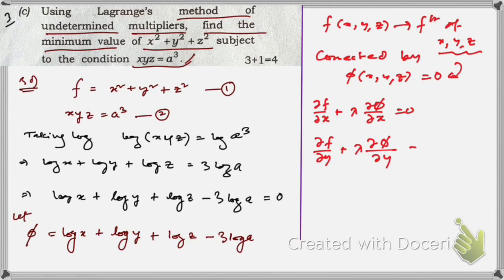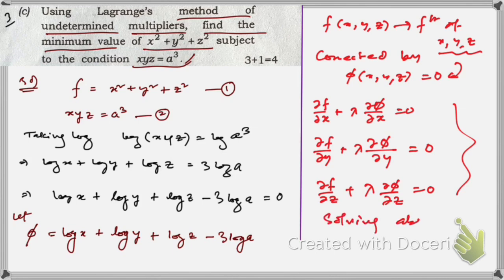del phi by del y, then again del f by del z plus lambda del phi by del z is equal to 0. So solving these three equations, we will have x, y, z, right?